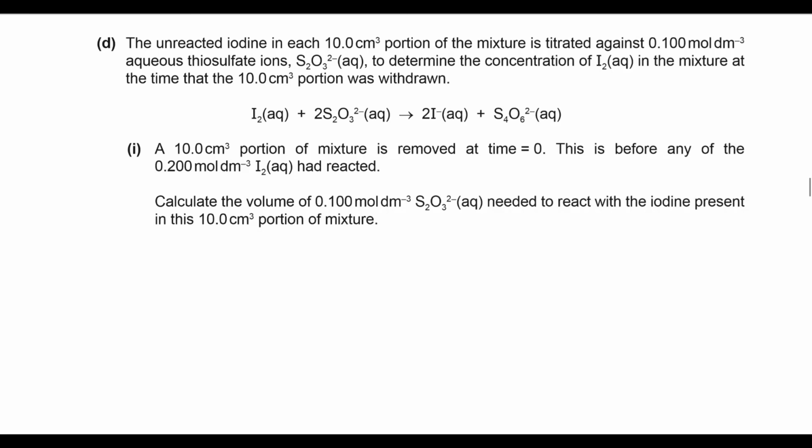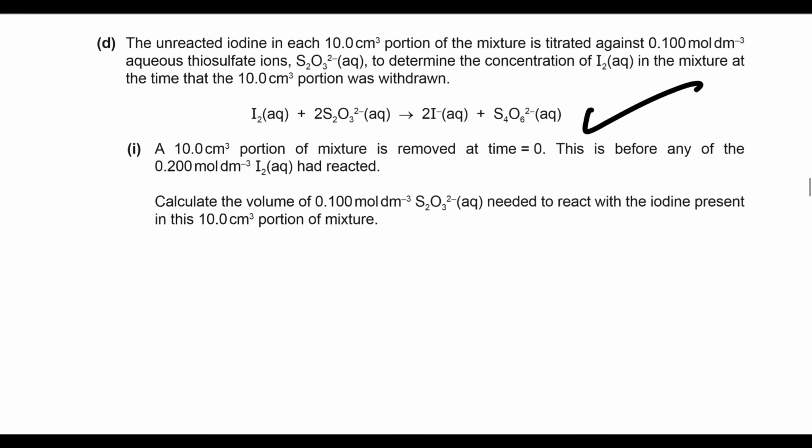As we have stated, after you take the 10 cubic centimeters from the mixture, we add this solution to the sodium hydrogen carbonate to remove the acid. Then you take this mixture to determine the concentration of iodine by titration with a burette filled with thiosulfate ion, according to this equation.